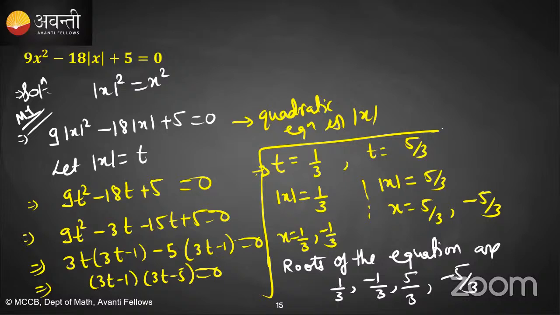So the maximum roots can be 2 for mod x. And clearly mod x के दो ही रूट आए हैं, 1/3 और 5/3. Right? But now mod x is 1/3, then x can be 1/3 or minus 1/3. Right? Yes, very good, Archana. Is it clear now why we are getting 4 roots?